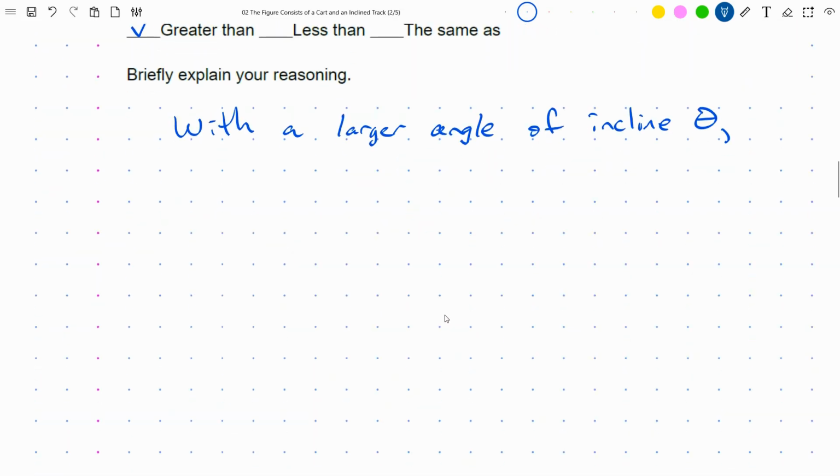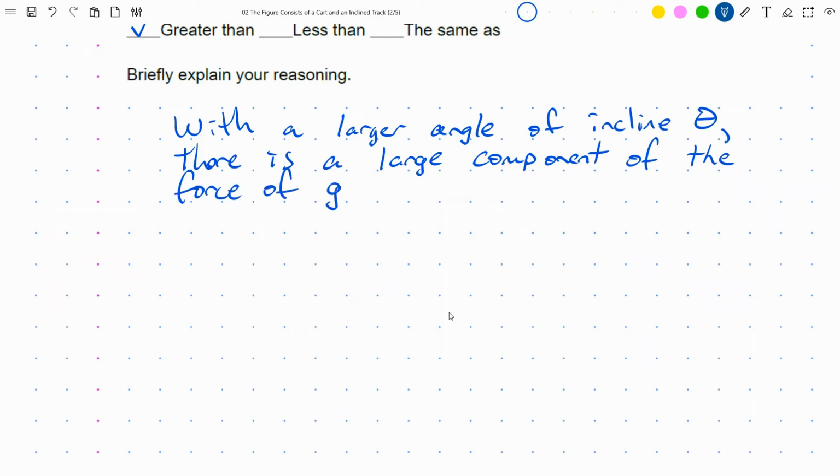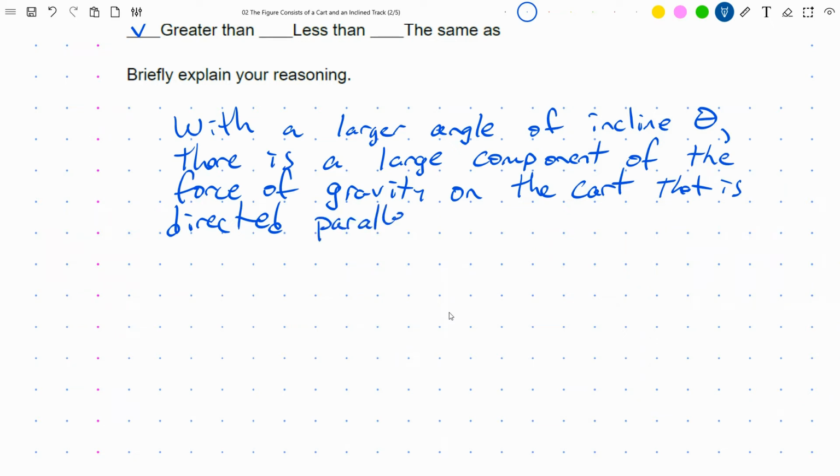With a larger angle of incline, there is a larger component of the force of gravity on the cart that is directed parallel to the surface, toward the bottom of the ramp.